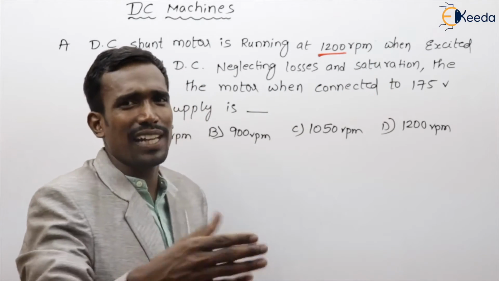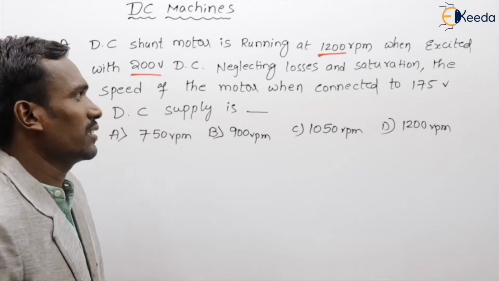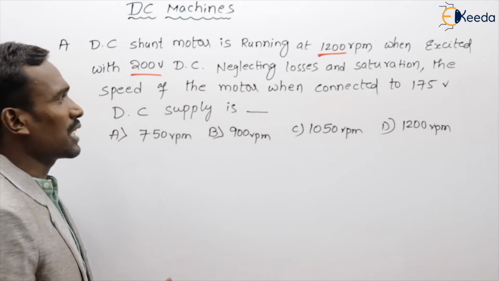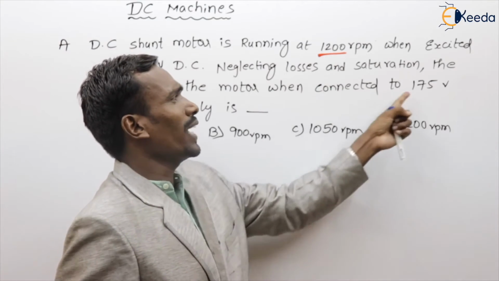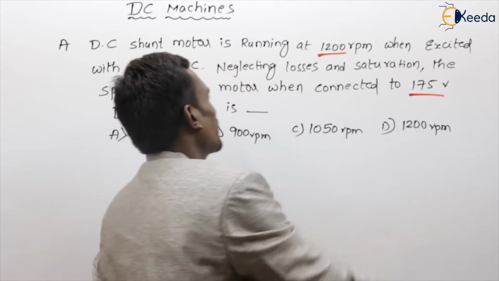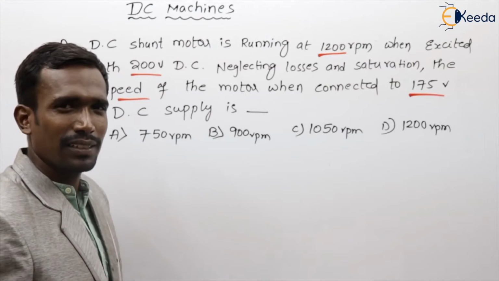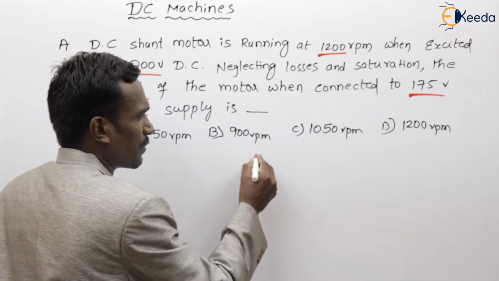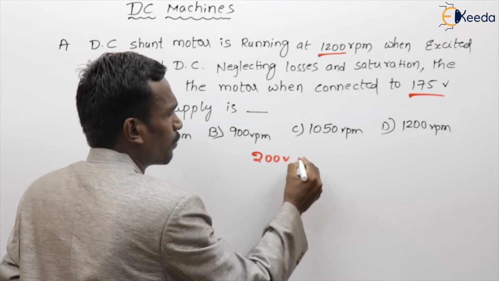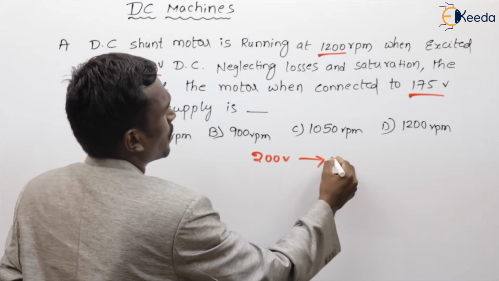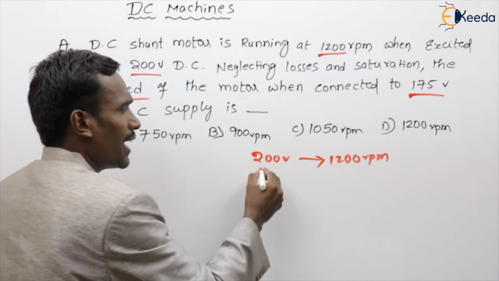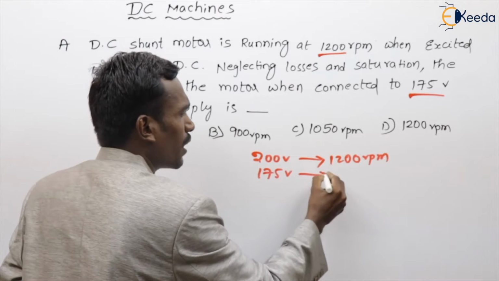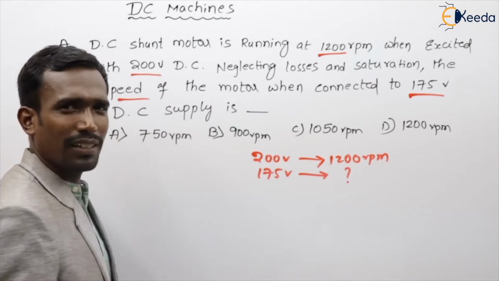We have to find the speed of the motor when connected to a 175 volt DC supply. So they have given that at 200 volts the speed is 1200 RPM. At 175 volts, what is the speed of the motor?